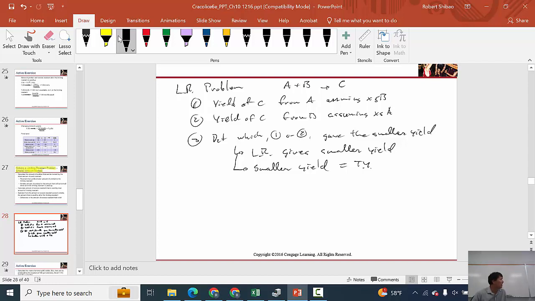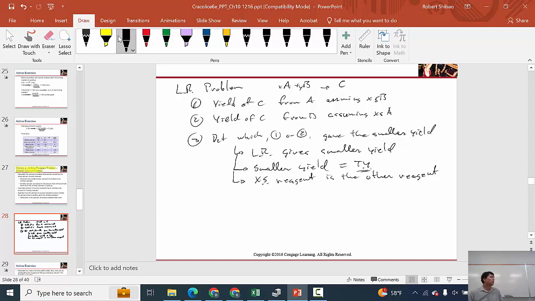And the reagent that gave the larger yield is the excess reagent. A reagent is just the reactant in this, and there are two reactants, A and B, and we could have numbers here like XA, YB. It doesn't have to be 1 to 1. And so typically in a calculation like this, we are after the theoretical yield.